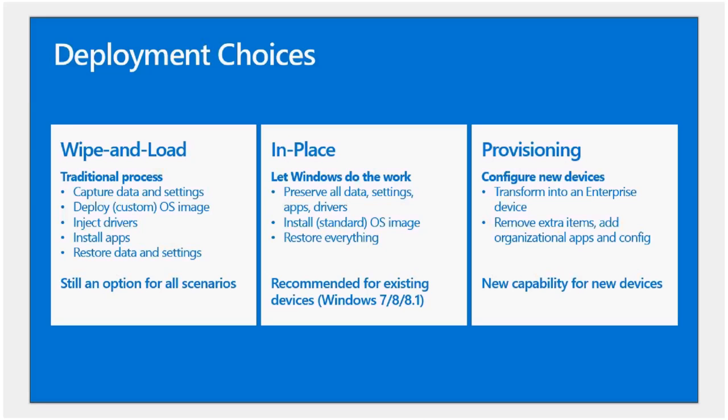That process is very reliable, relatively quick. I mean, the typical migration time can be between 1 and 2 hours. It's fully supported for all of our existing supported OSs, so for anyone coming from Windows 7, 8, or 8.1, they can leverage this to go directly from those OS versions to Windows 10.